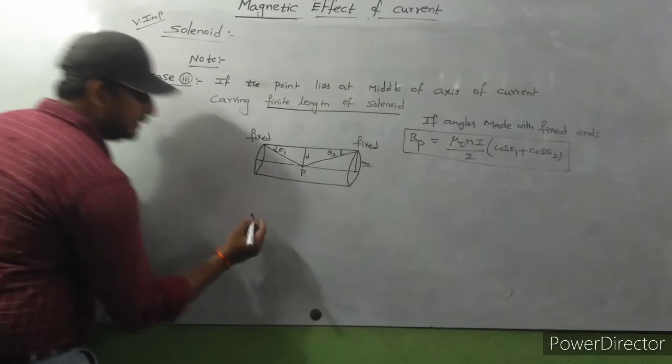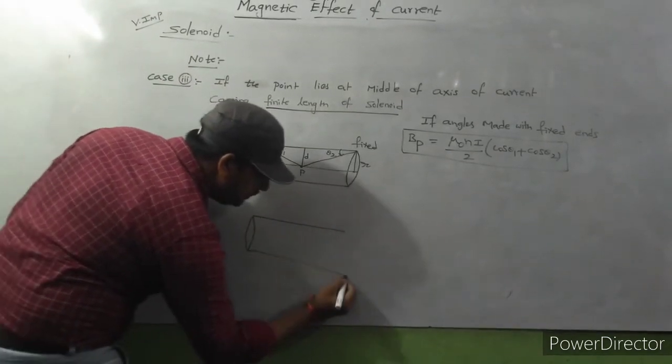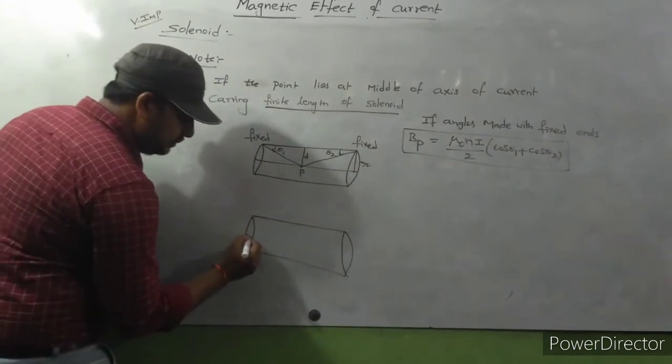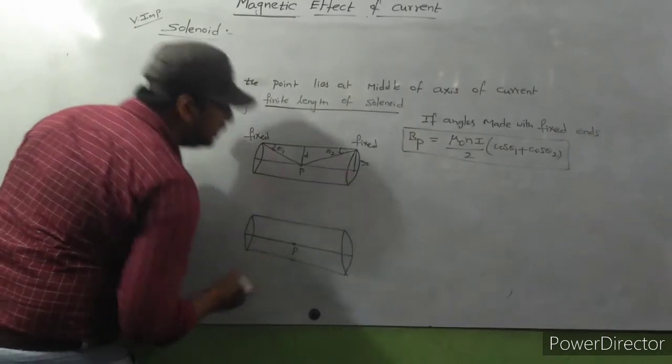Next, same, but what is the difference? Here again the solenoid is made with finite length of wire, and this is the axial line.